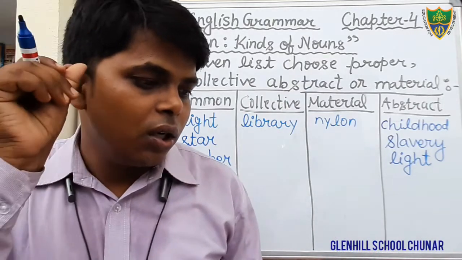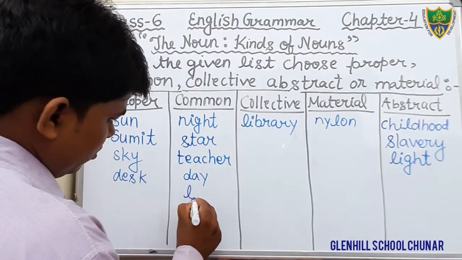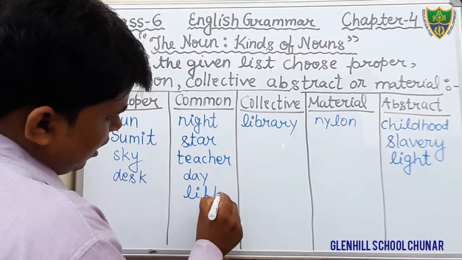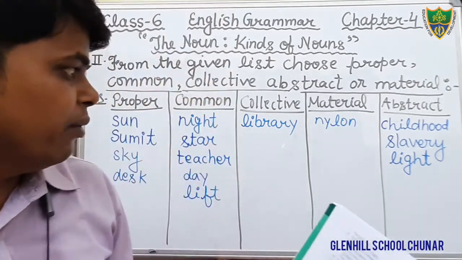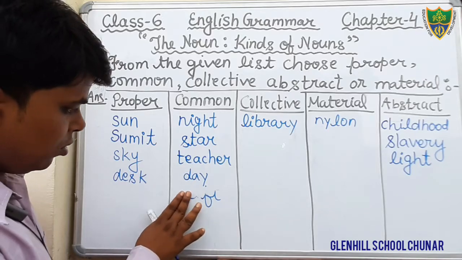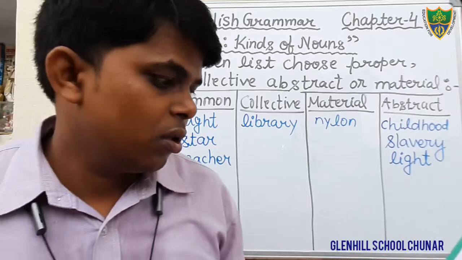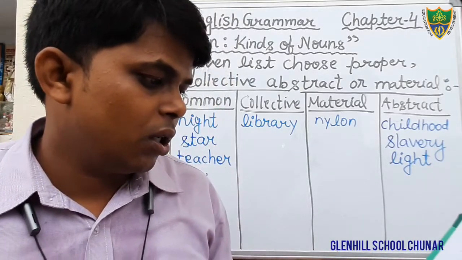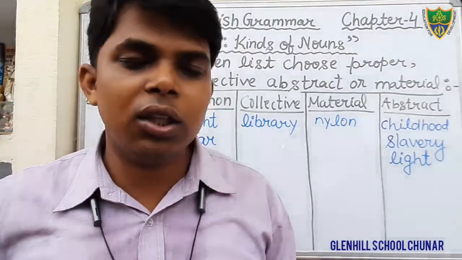Next question, lift. Lift is here common noun. There are various kinds of lift. Sorry, we were discussing the third row. Just see here. Lion. The next word is given in the third row.